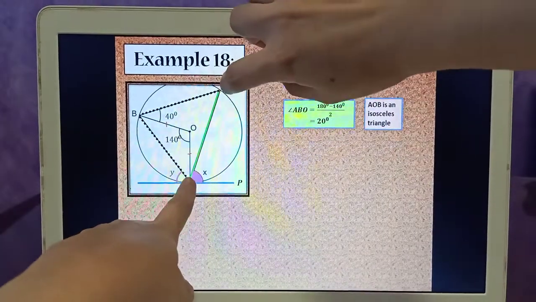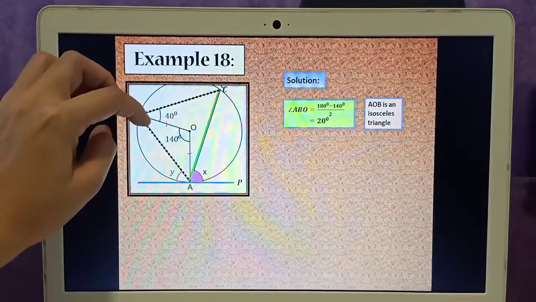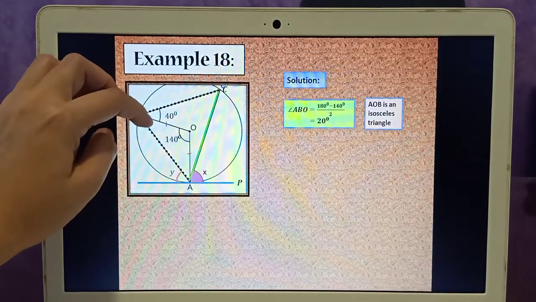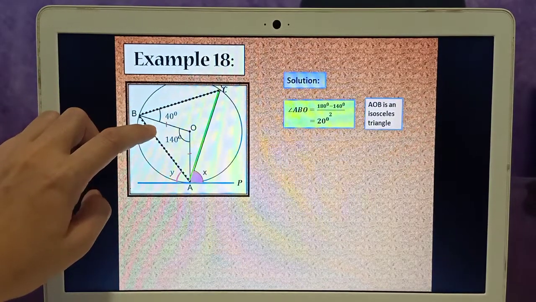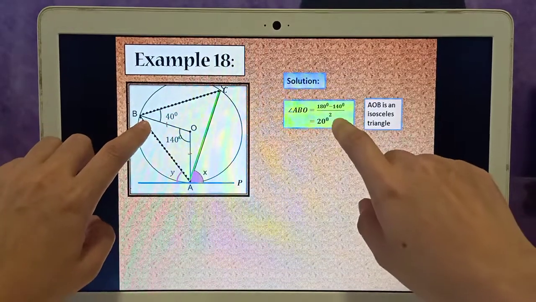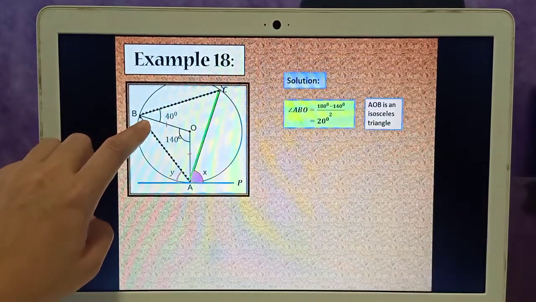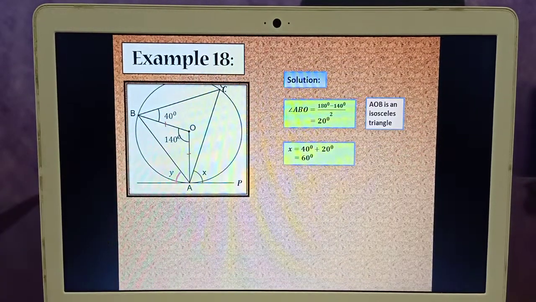You see I go like this. So x is actually equal to these two angles. So it is not enough for me to only have 40. I need to know what this angle is. Only then when I sum up will I get my x. That's why I need to use this one to get the 20. So the answer for x will be 40 plus 20, which is 60 degree. Okay, next.